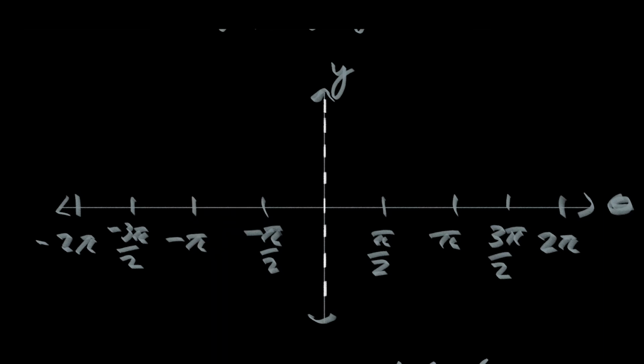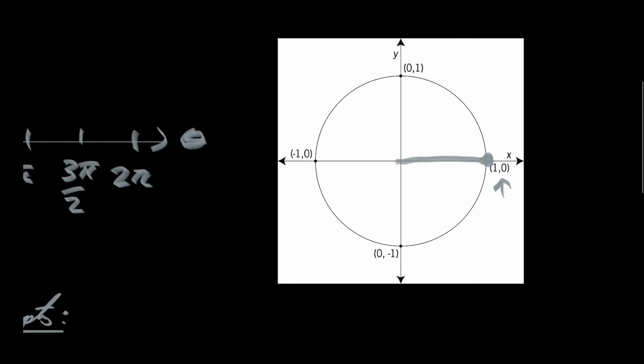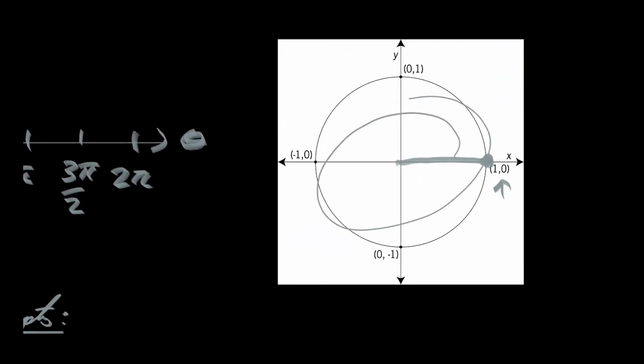But what else do you know about when sine of theta equals 0? You may recall from a previous video that whenever theta is any integer multiple of pi, sine of theta will be 0. You can see that from the unit circle. If you imagine heading around the unit circle in an anti-clockwise direction from the positive x-axis, anytime you hit pi radians, or some multiple of pi, you're going to get these sine of theta values equal to 0.